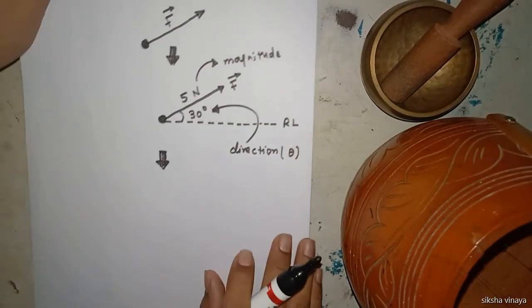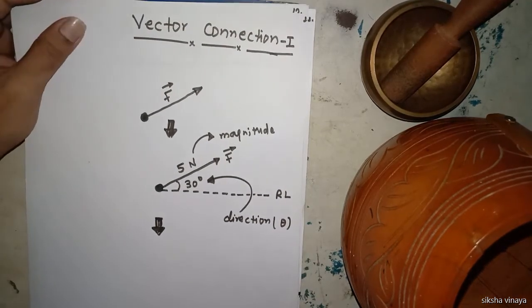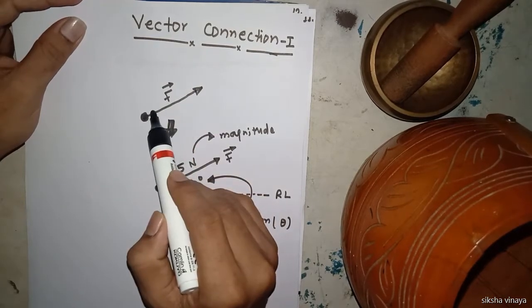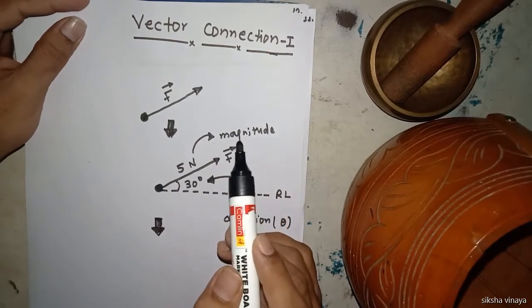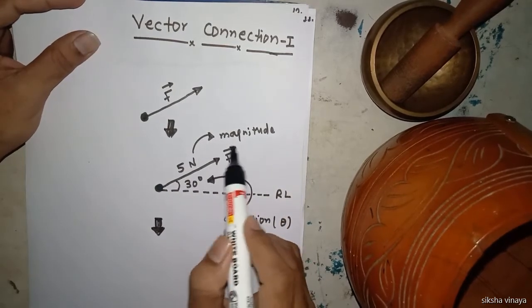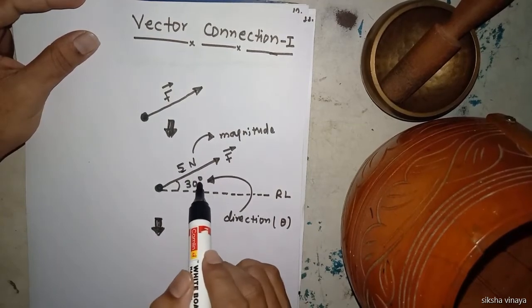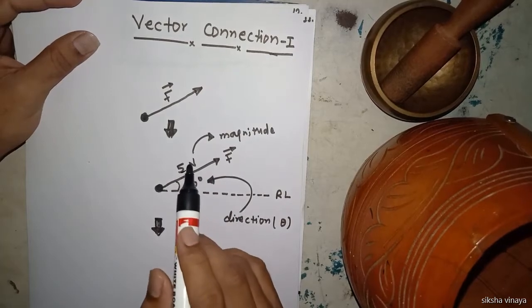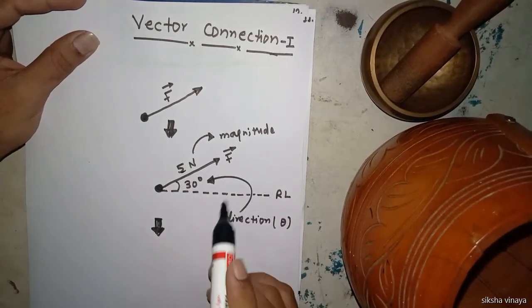So let us give you an example. Let us say this is a single force, denoted by F vector. I take the magnitude of F vector as 5 Newton and the direction as 30 degrees, because I've already told you the angle is measured from a line which is called the reference line.